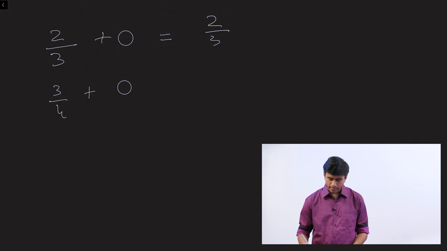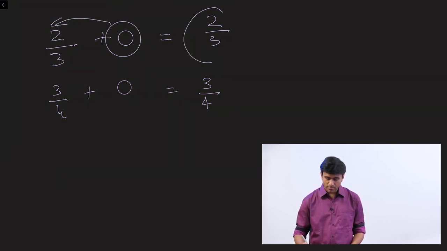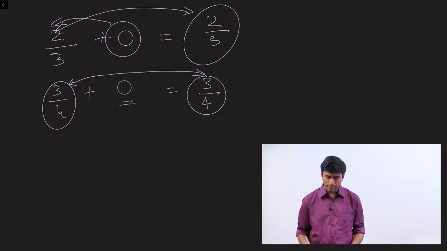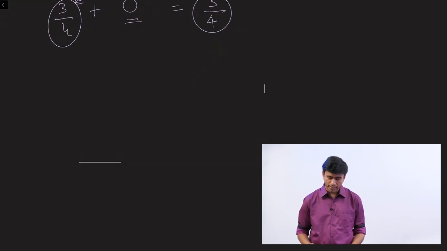It's 2 by 3. It's 3 by 4. So whenever 0 is added to any fraction, the sum is the fraction itself. That's one property of addition.